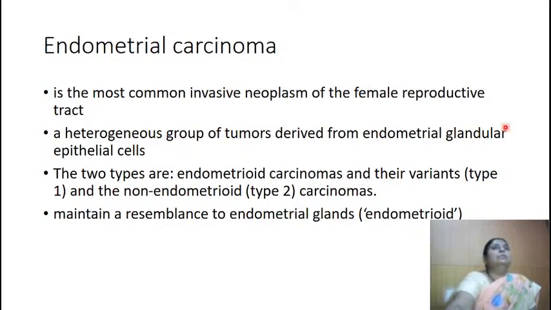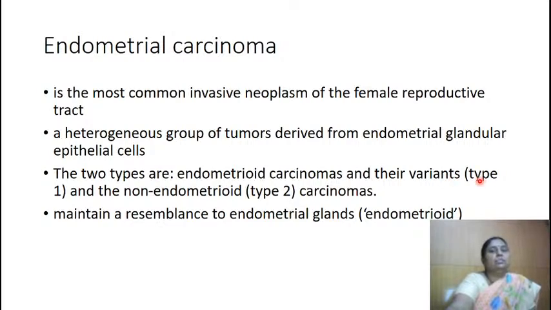Now, for the sake of remembrance and for the sake of treatment of these patients and prognostication, the endometrial carcinoma is divided into two types. One is the endometrioid carcinoma. The first one is called endometrioid carcinoma and its variants, which is type 1.